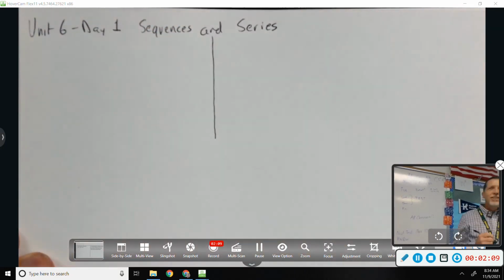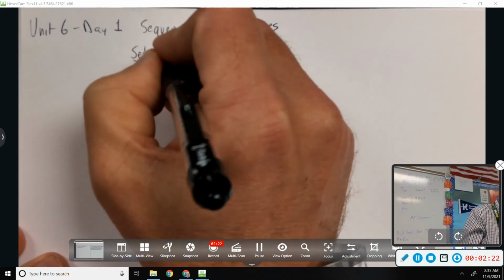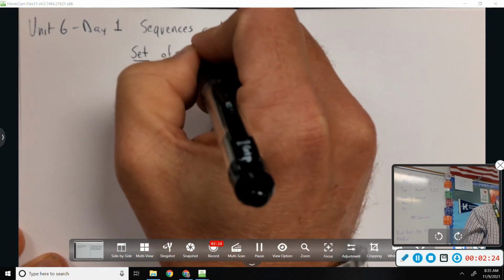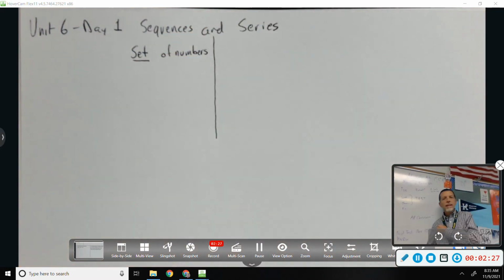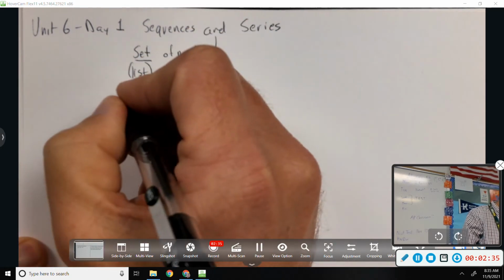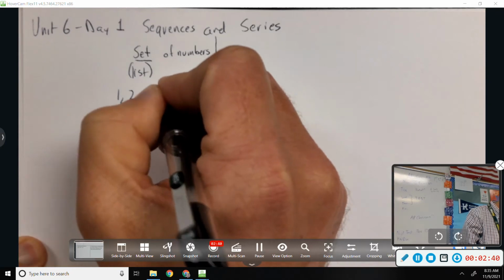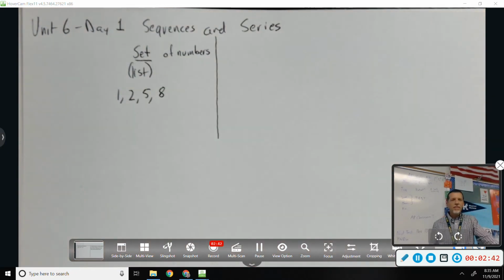The further confusing thing is the explanations of sequence and series also both start with an S. So it's a whole bunch of S's to get confused. They also end in S. A sequence is a set of numbers. It's just a list of numbers, like 1, 2, 5, 8.